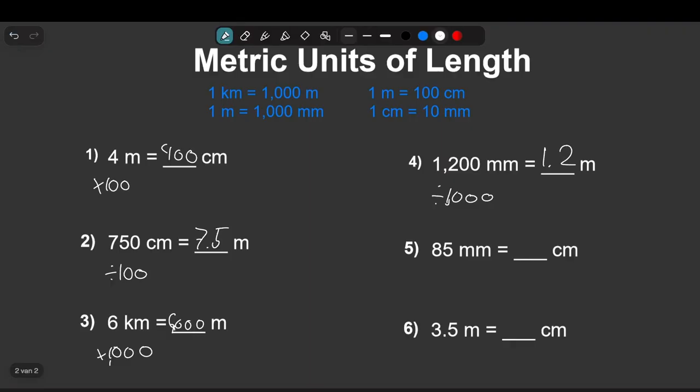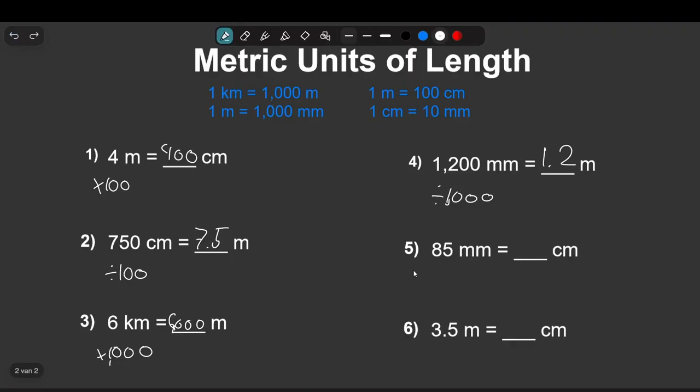So on to the last two examples, where we have 85 millimeters equals how many centimeters. As I show here, 1 centimeter equals 10 millimeters. But this doesn't really matter to figure it out if you just know whether to divide or to multiply.